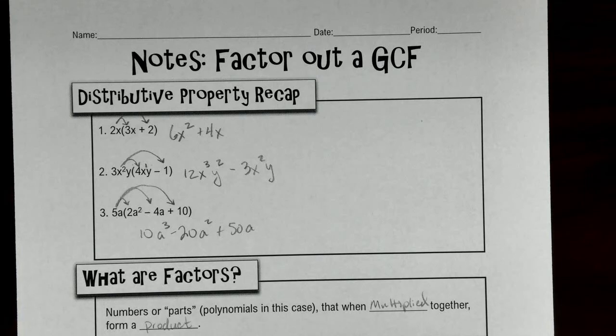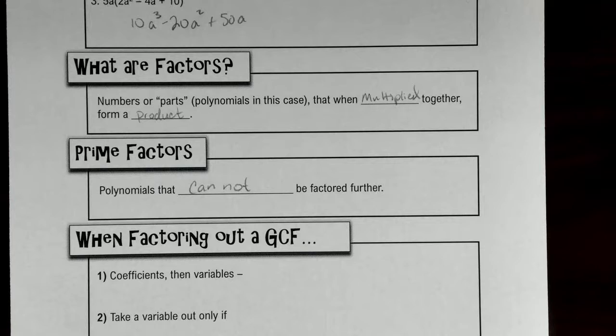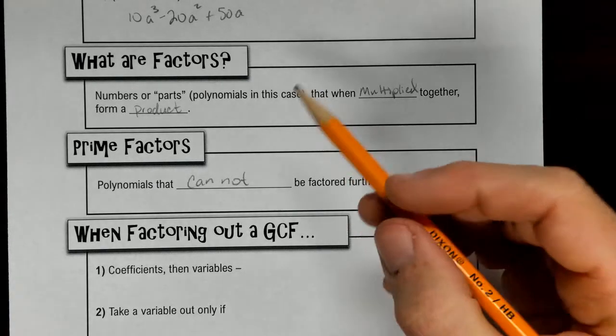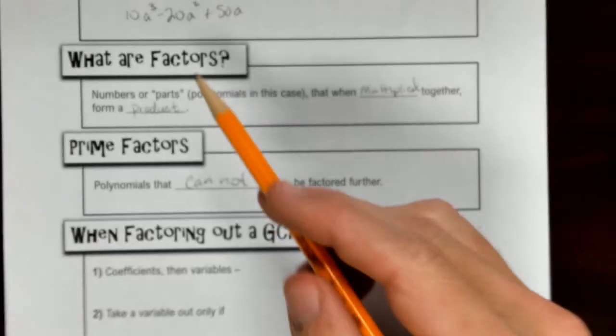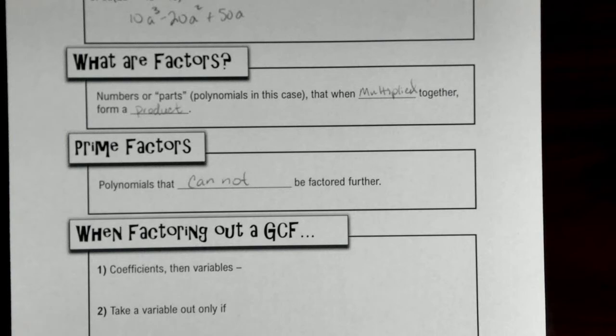Just like prime numbers, you cannot break those down. 7's a prime number. I'm sorry, guys. So factors are numbers or parts that when multiplied together form a product, and a prime factor is a polynomial that cannot be factored any further. I'll give you a second to write that down.